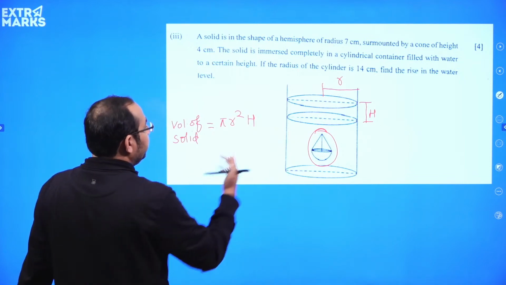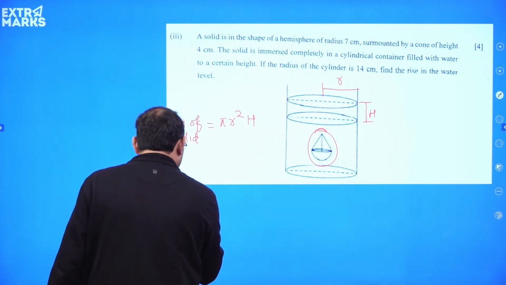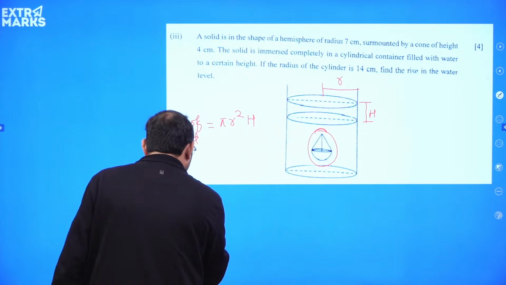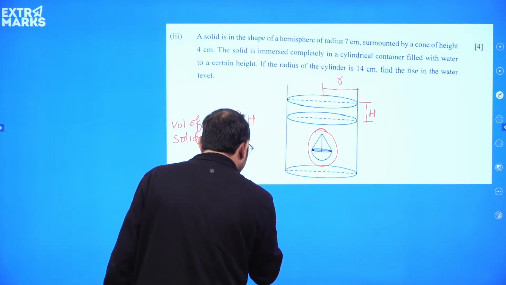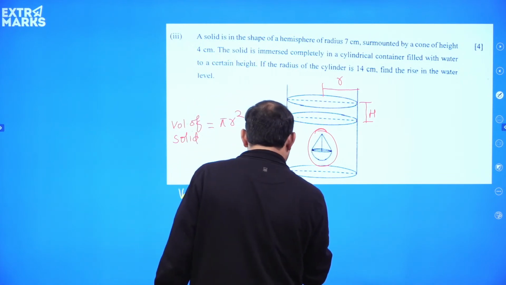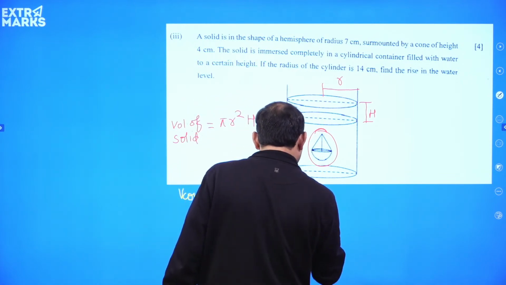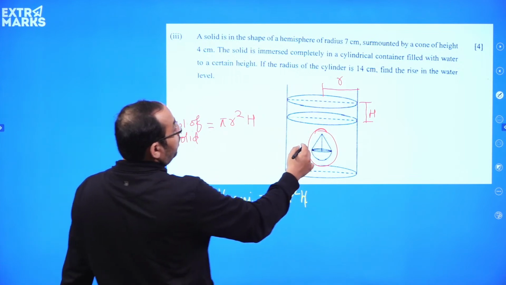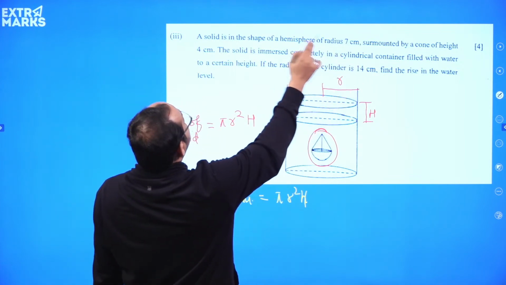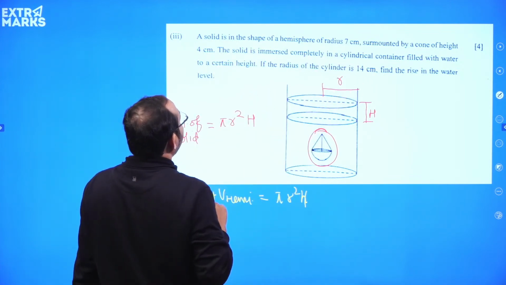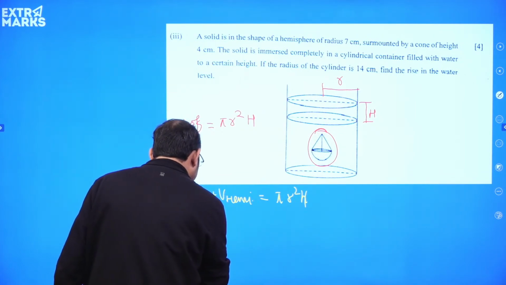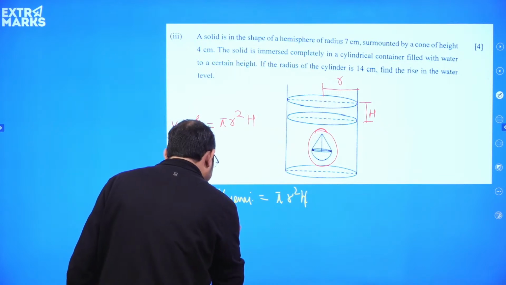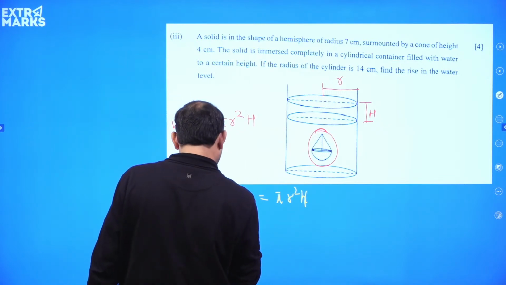Let's do that. So you will get v cone plus v hemisphere equal to pi r square h. Okay, now cone has a radius of 7, height of 4. So 1 upon 3 pi 7 square multiplied by 4 plus.